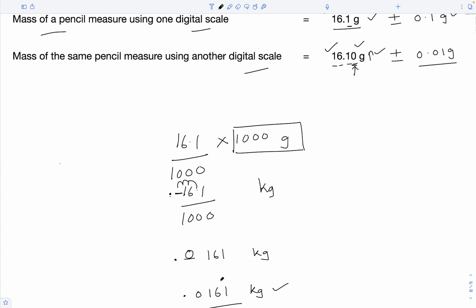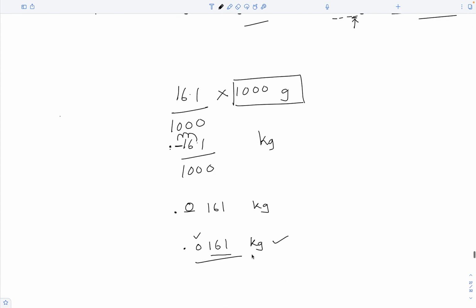Now the question is, do you think this is more precise than this? No. So though this value has an extra 0 in addition to the 3 digits that are present in the original measurement, it has the same precision as the original measurement. When we chose to convert this measurement from grams to kilograms, we had to introduce this 0 to place the decimal point in the correct location.